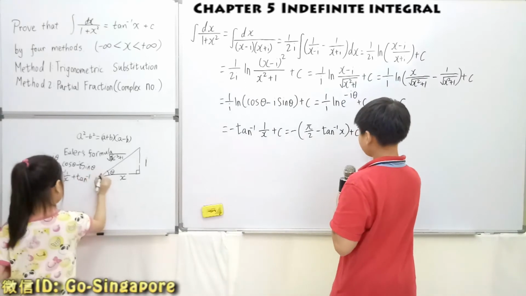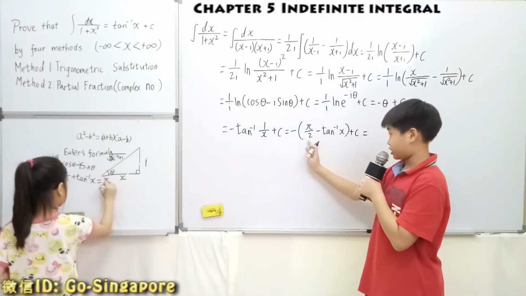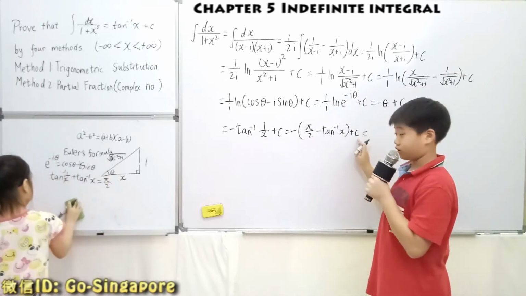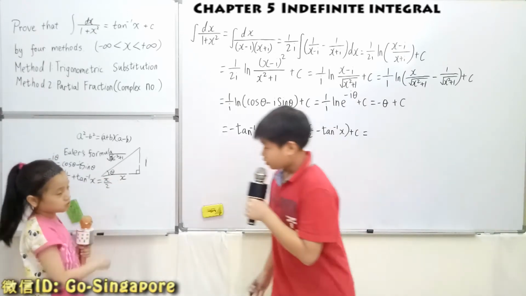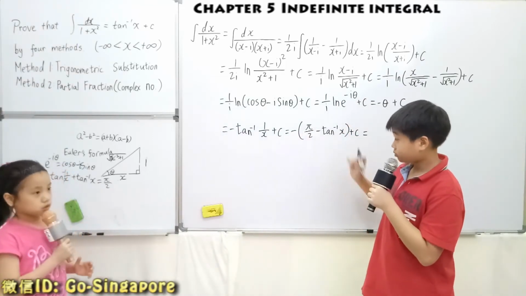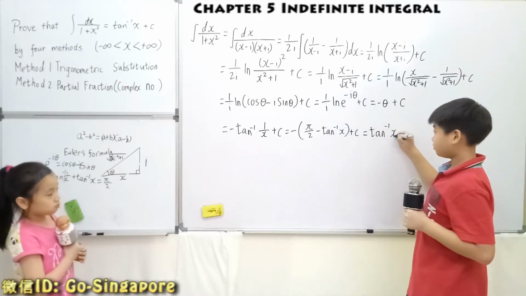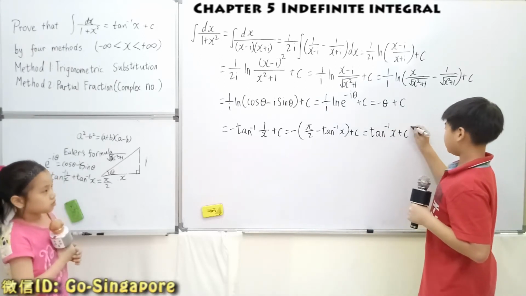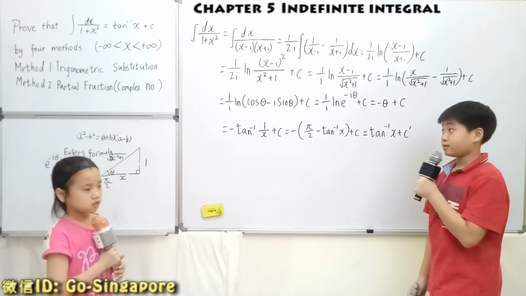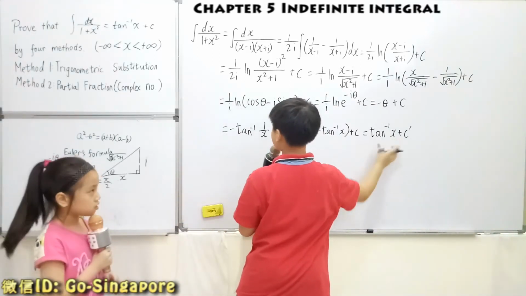So this negative half pi is actually a constant, which you can put in the constant. Okay, yes, very good. And here, negative, negative, positive. Okay. Like this. Is it okay? Yes. So we found this. Am I right? Yeah.